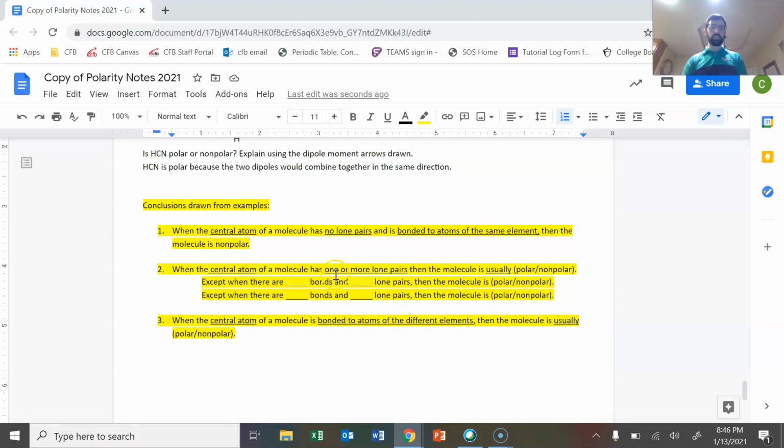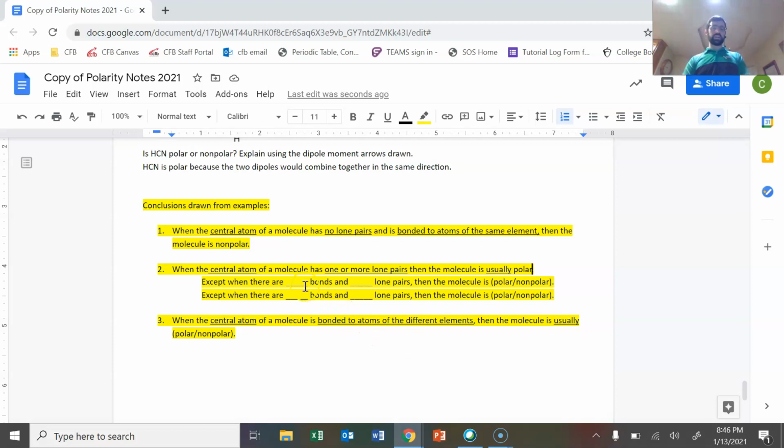When the central atom of a molecule has one or more lone pairs, it's usually going to be polar. The lone pairs usually make it bent or trigonal pyramidal. It usually takes it in a shape that is naturally polar.